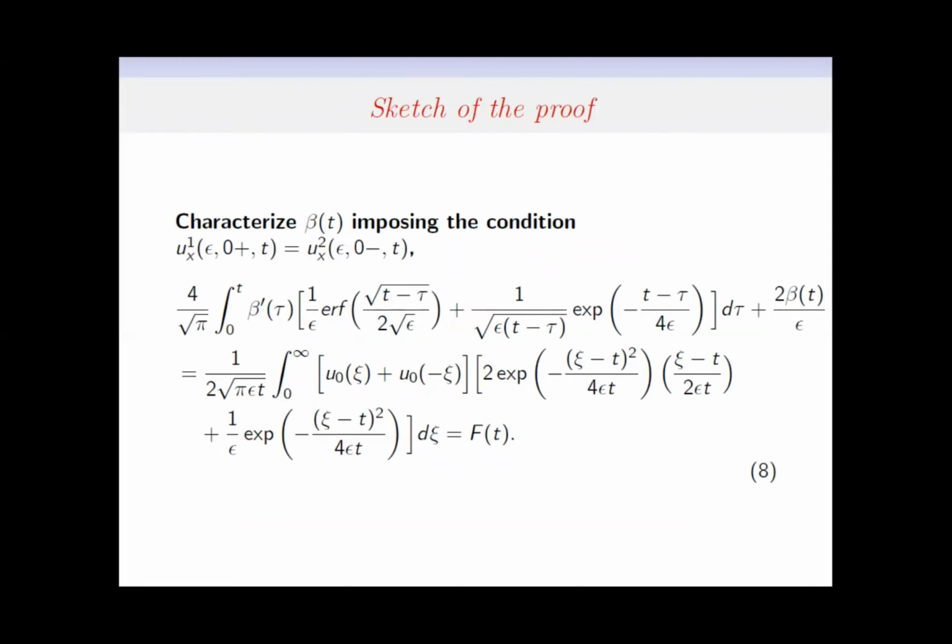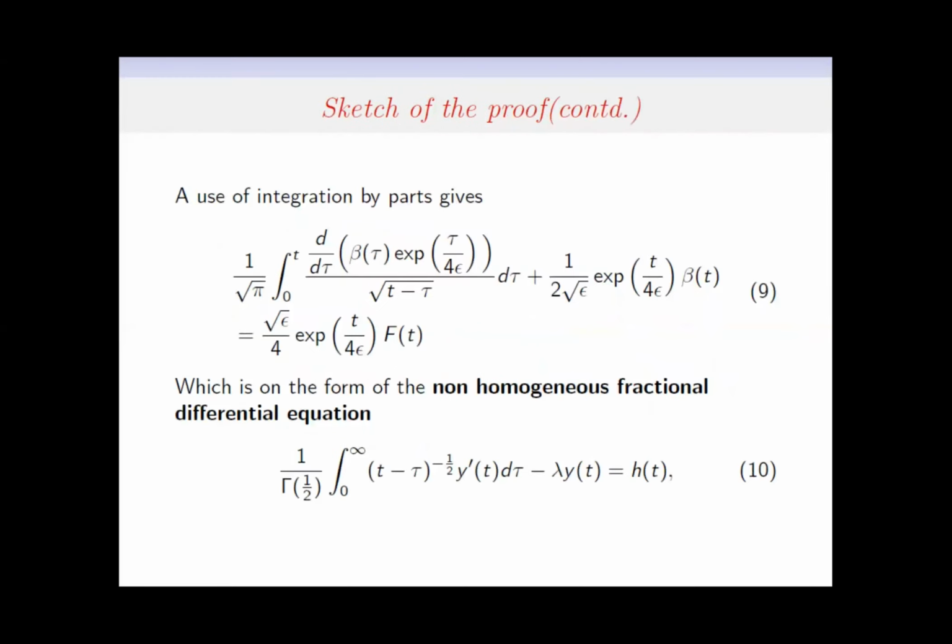We have assumed that the solution is C1 in the space variable, as we can see in the definition. So u1(x, ε) at 0 plus should equal u2 at 0 minus, and if we equate that and use the integration by parts formula, we get a non-homogeneous fractional differential equation.